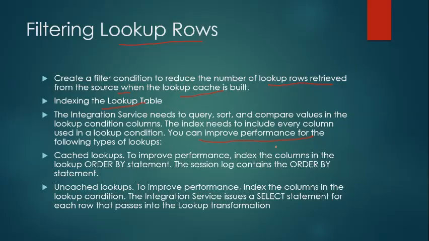You can improve performance for cached lookups and uncached lookups. In a cached lookup, to improve performance, index the column in the lookup ORDER BY statement; the session log contains the ORDER BY statement. In an uncached lookup, index the columns in the lookup condition, because the Integration Service issues a SELECT statement for each row that passes into the Lookup transformation. I hope you understood. If not, you can comment and I will explain again.